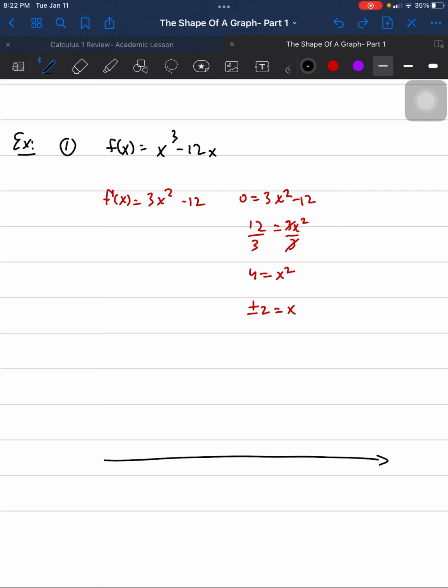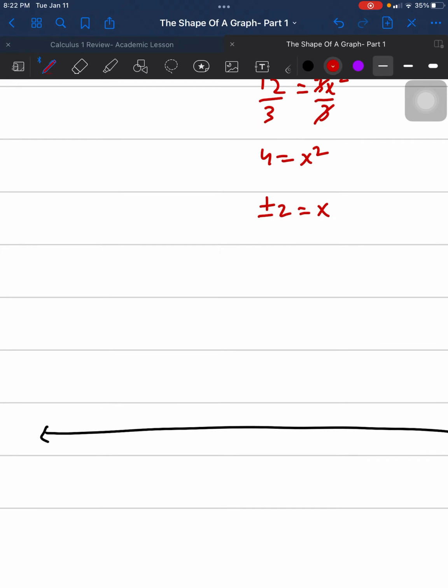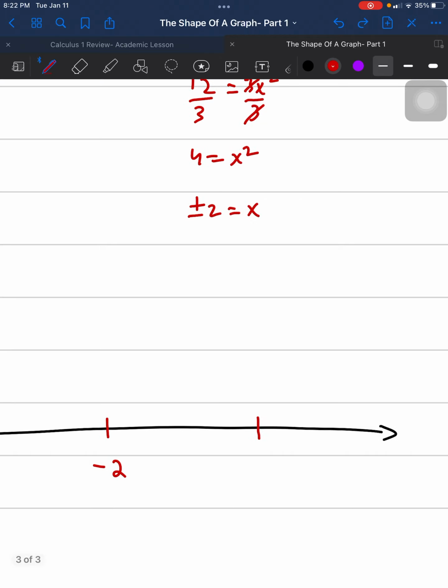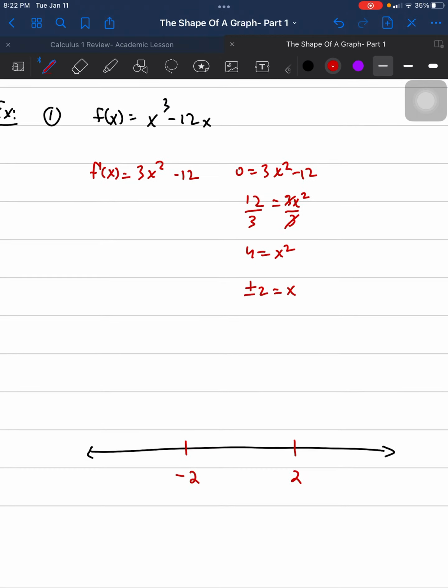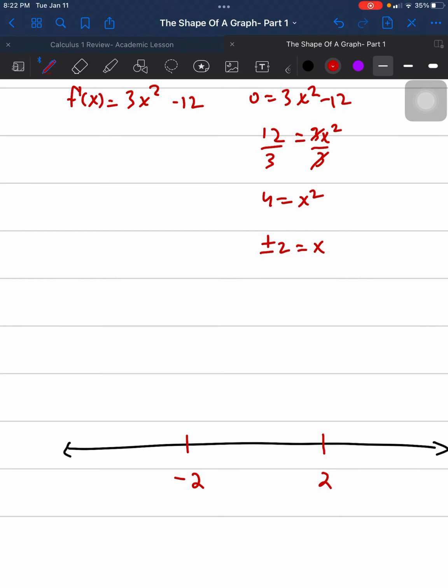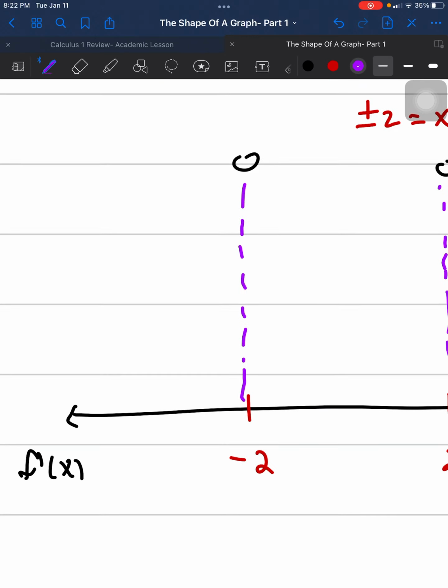Now that we found the critical points, we make a small coordinate plane to visualize where the derivative is positive or negative. We're going to write the critical points right here, and label this as where the derivative is equal to 0.